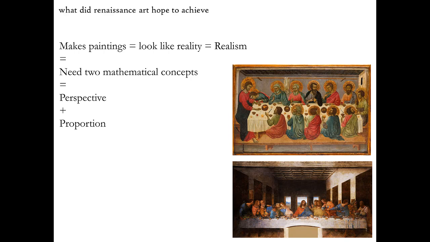Now, my wife's great aunt would say the bottom one is not realistic because no one sits like that. They sit like the medieval painting. They sit around the table. Like Da Vinci ruined the Last Supper by having them all at a straight table. You know, she thought that you should just repaint Da Vinci's Last Supper and make it more like the one above, right? Because people literally actually sit that way.